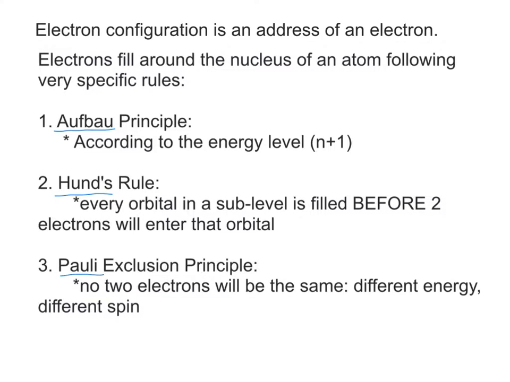As electrons fill up around the nucleus of an atom, remember, atoms were originally created in the Big Bang, and then each one goes through supernovas, stars, and things like that. Our sun is filled with nothing but hydrogen, and at its core is filled with helium.